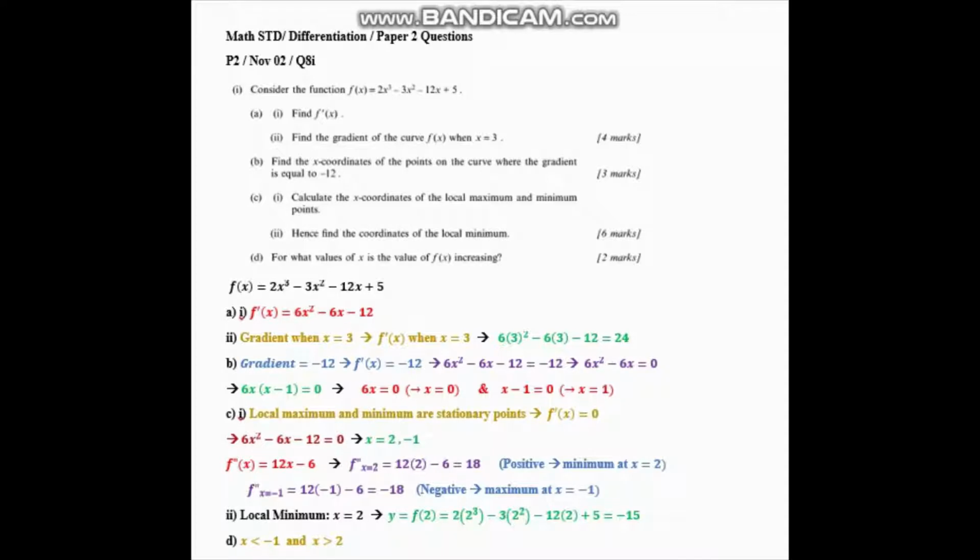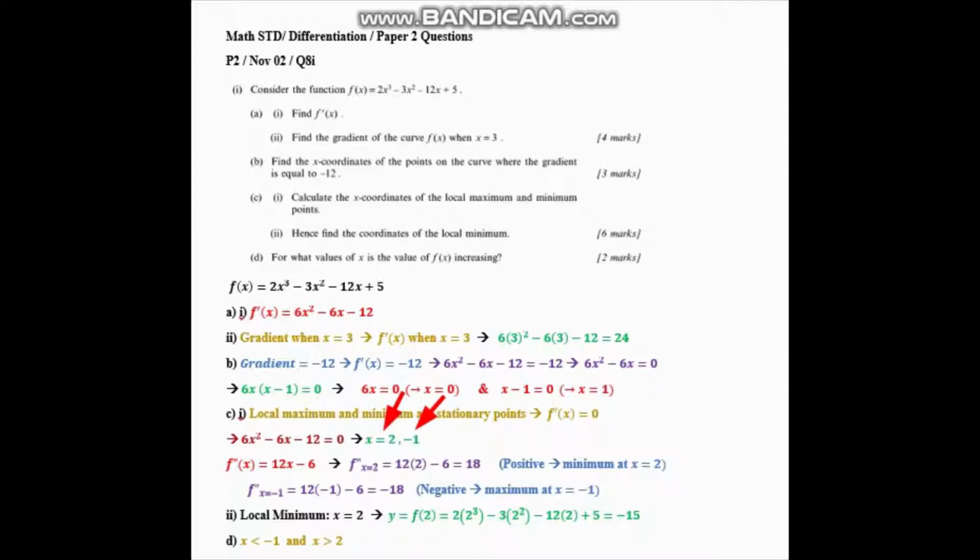I shall use this second derivative as a test to check which of these is a maximum and which of these is a minimum. So I shall plug each of the x values into f double dash. If the answer is positive, then this means there is a minimum point. If the answer is negative, this means that we have a maximum point.